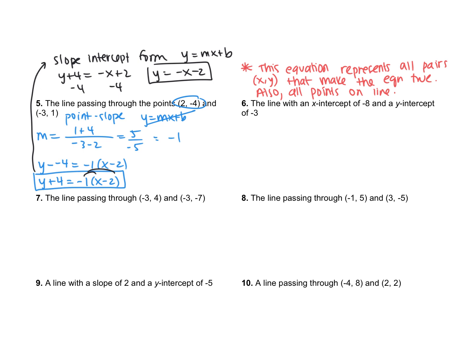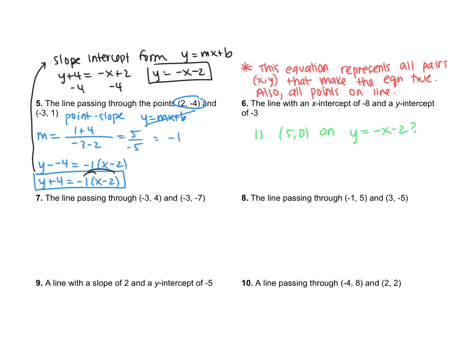So if I were to ask you something like, is the point 5, 0 on this line? We would plug in 5 for x. Is the point 5, 0 on the line? I'm going to write, don't write this part because you don't have the room for it. So is the point 5, 0 on the line y equals -x minus 2?